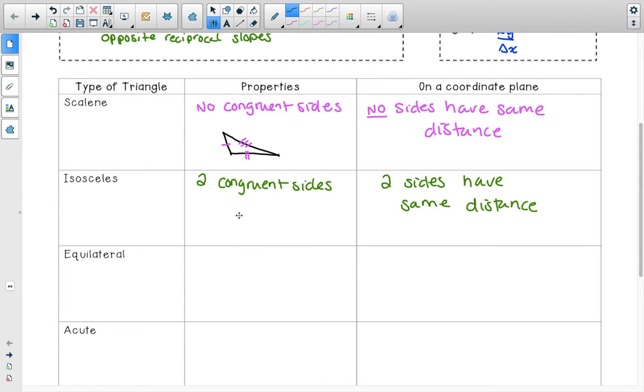So a picture of this would have a triangle, and we'd have the same amount of tick marks on 2 of the sides. Now, it can be any of the 2 sides, but they have the same amount of tick marks. So the third side would not have the same tick marks. So we might have 2 tick marks down there. An equilateral triangle is where you have 3 congruent sides.